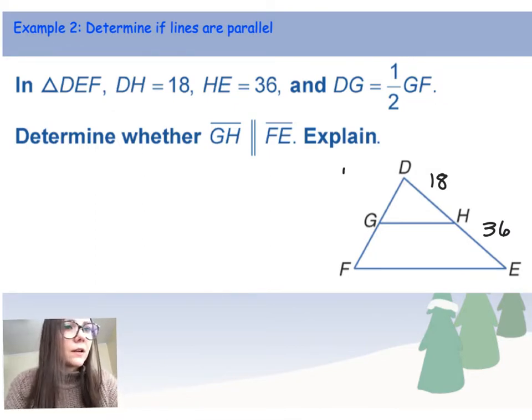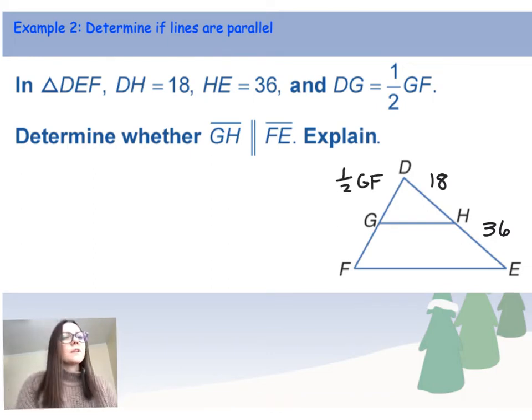We could write that in there if we want. Basically, if the triangle proportionality theorem applies here, normally these ratios would be equal: 18 over 36 would be equal to the other side. But in this case, they have it a little bit more abstract.